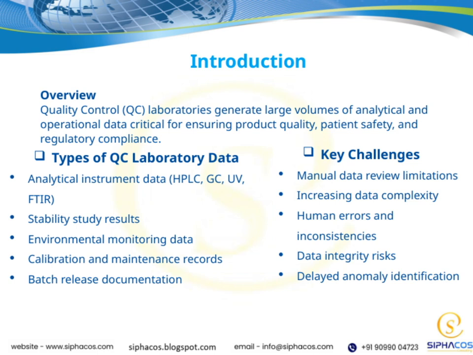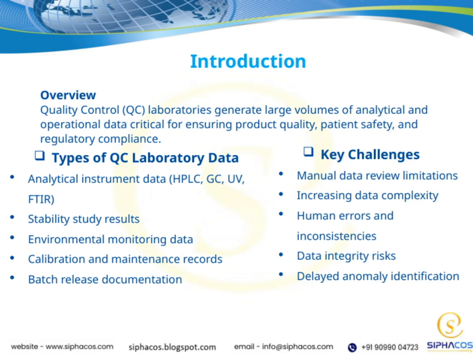Then, there's environmental monitoring data that ensures the manufacturing environment remains within safe and compliant parameters. We also rely on calibration and maintenance records to keep our equipment functioning correctly, and batch release documentation, which officially approves products for distribution.